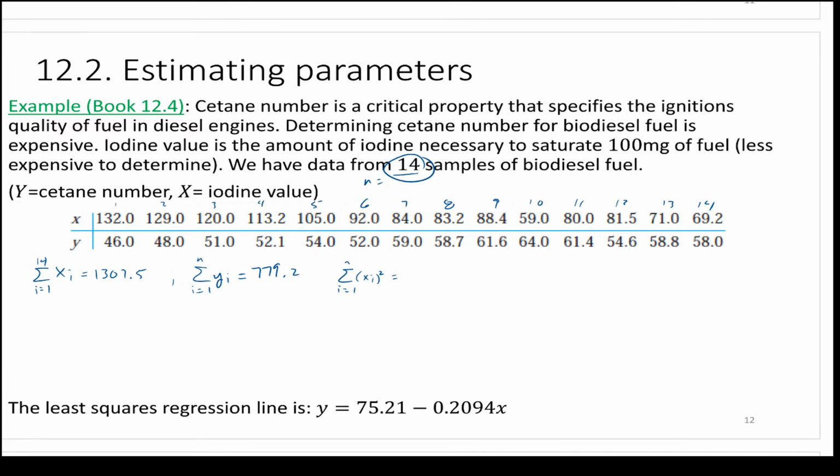So square the x values and then sum them, and we get 128,913. Do the same for y: summation, i equals 1 to n, take the y values, square them, and then add them together. We get 43,745. And then summation, i equals 1 to n, xi times yi, and we get 71,374.